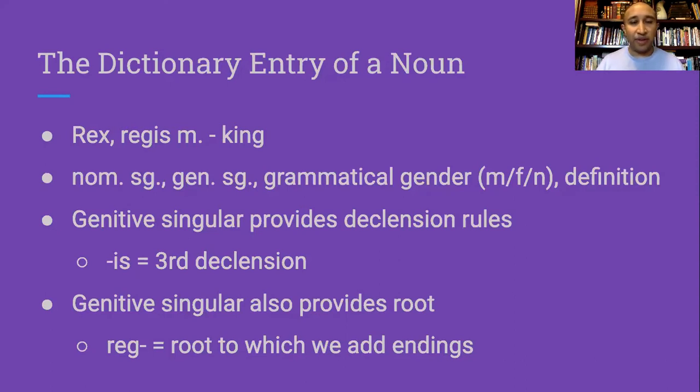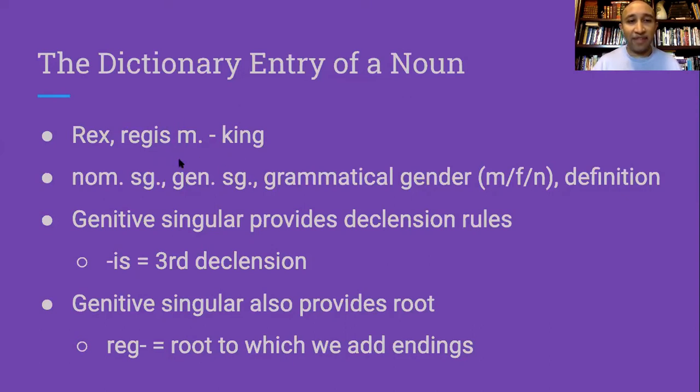Okay, so if we look at this word, rex regis, right, king, what all these parts mean is the rex here, that is the nominative singular. Okay, so that's the case and the number of the word rex. We have regis, which is the genitive singular, again, case and number of that word.